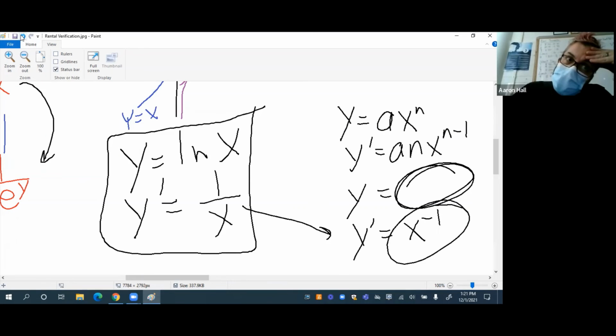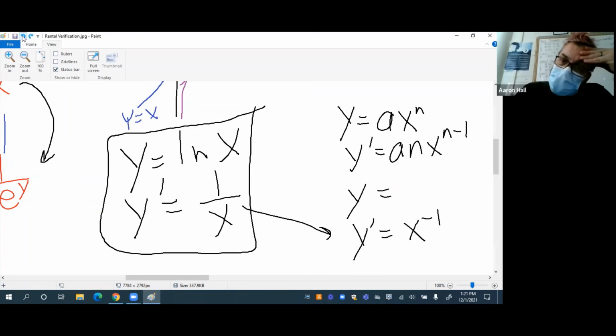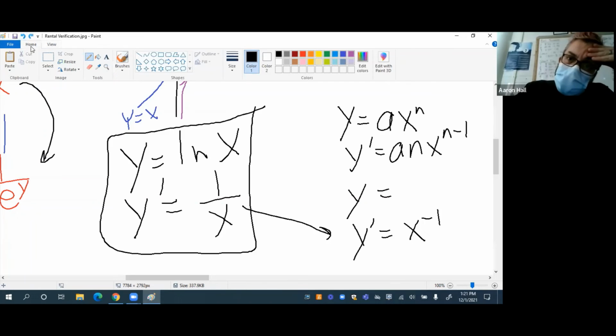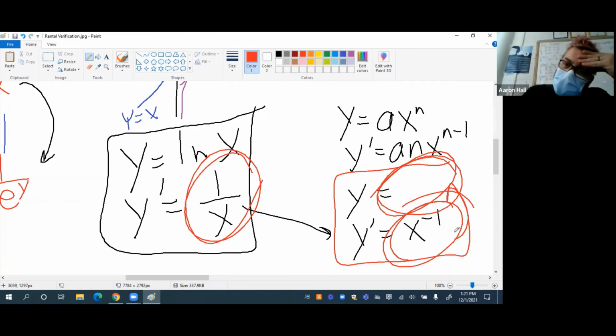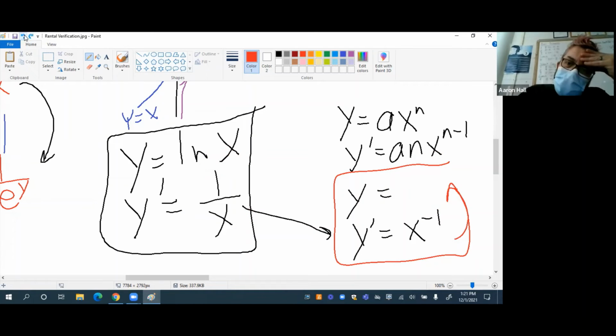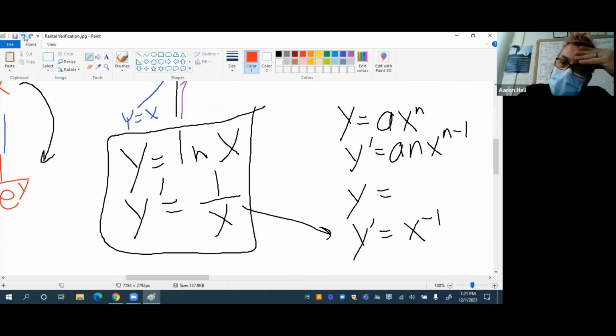Are you guys following what I'm trying to do? I'm trying to go backwards. Is there a polynomial that will give me this? If I'm going to get a -1, then n has to be 0.